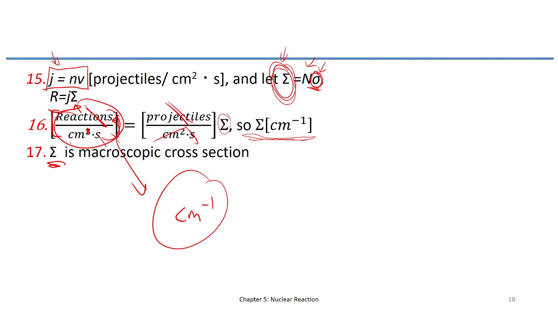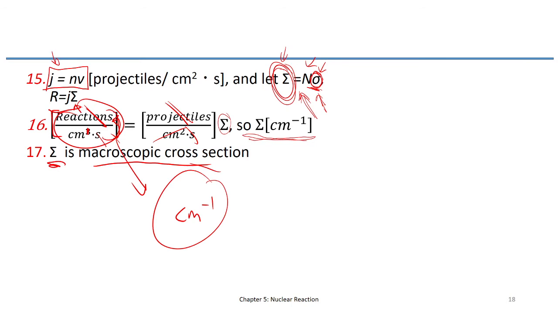The uppercase sigma is called macroscopic cross section. So macroscopic cross section is the multiplication of the density of the target nucleus with the microscopic cross section.